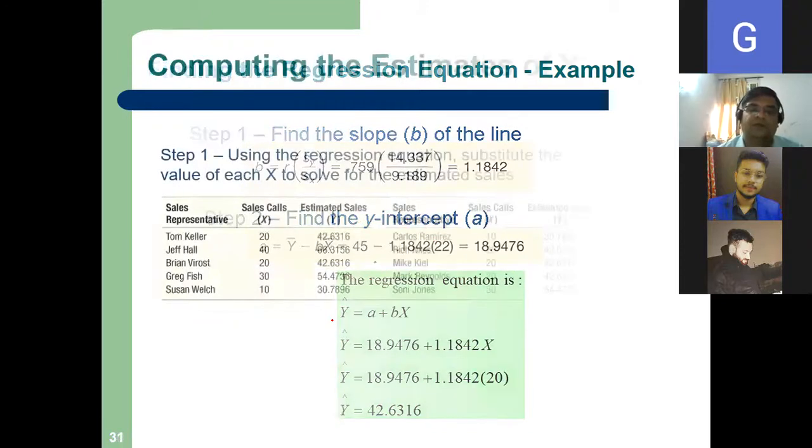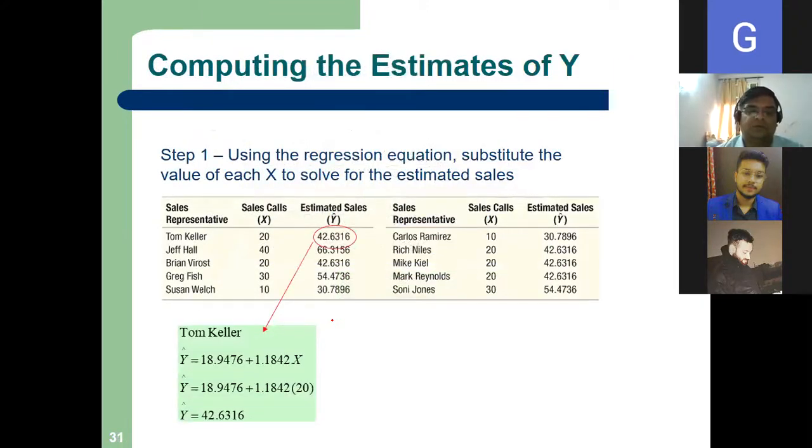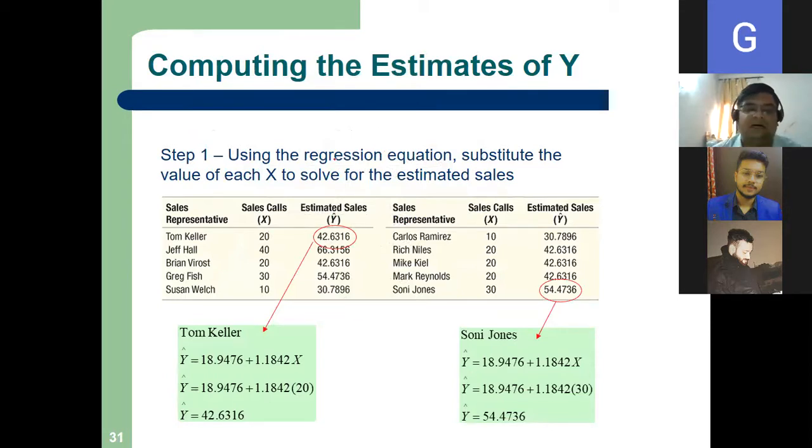Now, I discussed the concept of y and predicted y, the estimate of y. The y in the data I gave you is the actual y, but what is my y hat? Now I can calculate y hat since I have the equation.